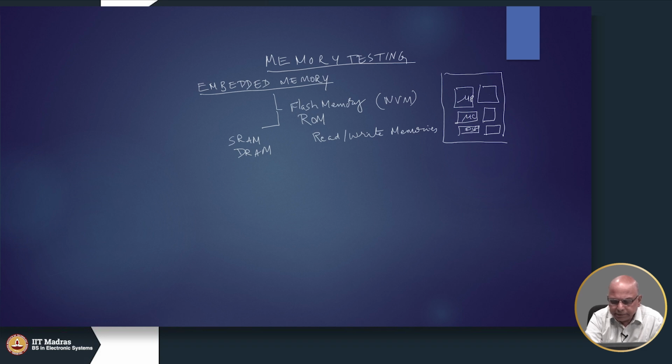And we have talked about 2D organization of memories. And we talked about various memory test algorithms.